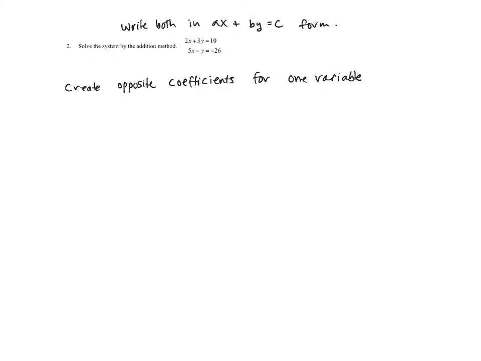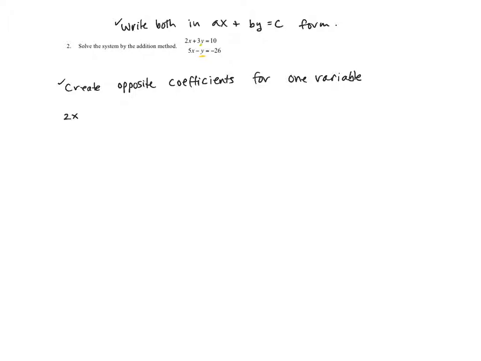All right, I'm going to show you the other method, which is addition. Okay, so let's look at this addition method. So the steps on this one are to write both in ax plus by equals c form, so that's already been done. And now we need to create opposite coefficients for one variable. So we want to try and eliminate one of the variables. I'm going to work on trying to eliminate my y's.